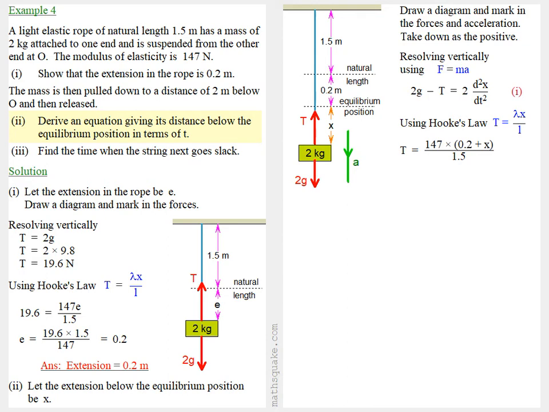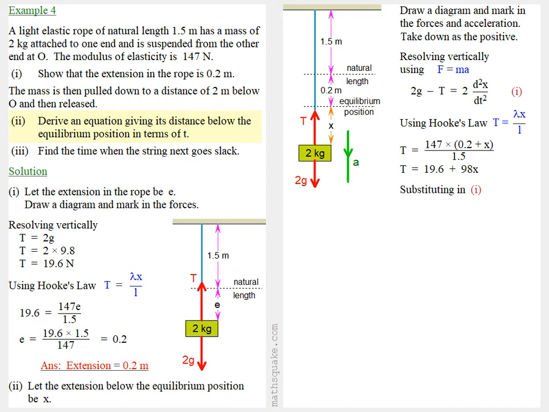And so we have T is equal to 147 times (0.2 plus x) all over 1.5. And that works out T is equal to 19.6 plus 98x.